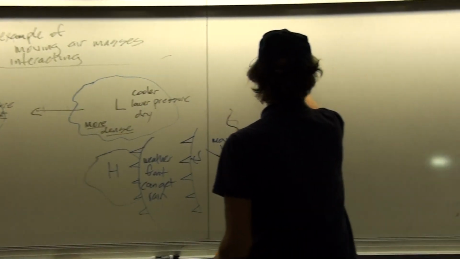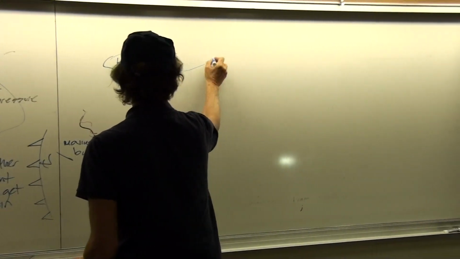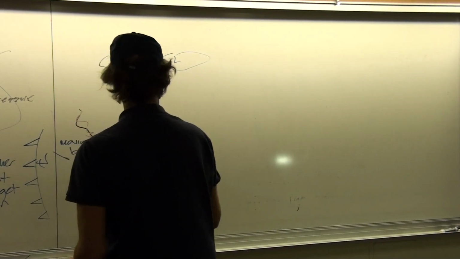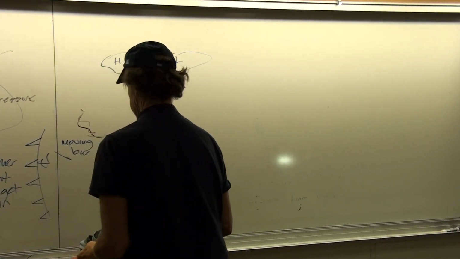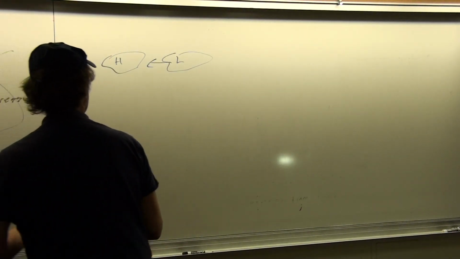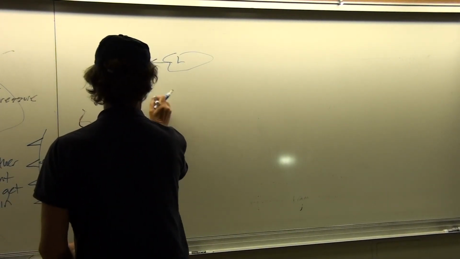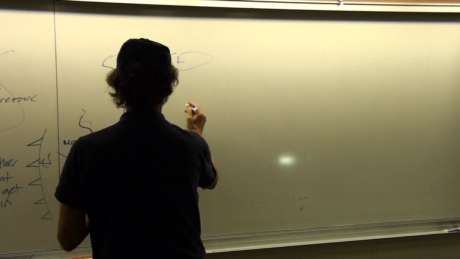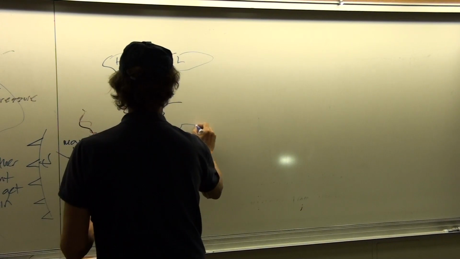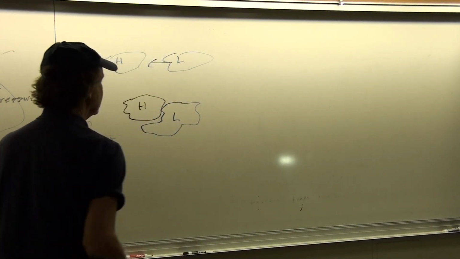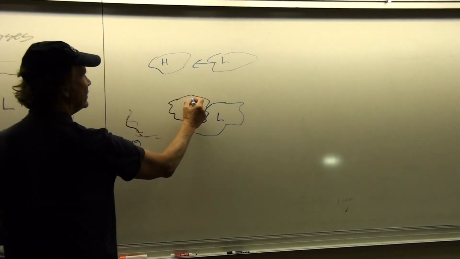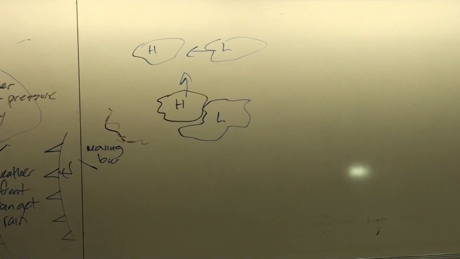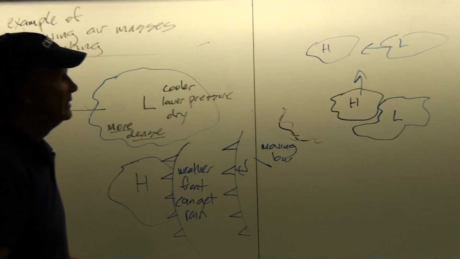And so here's the high, here's the low. The low is moving toward the high, but now the low starts moving into the high, but look what happens. Because the low has more density, it starts pushing the high up. Okay?